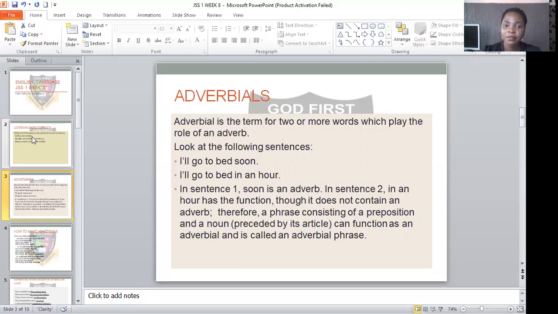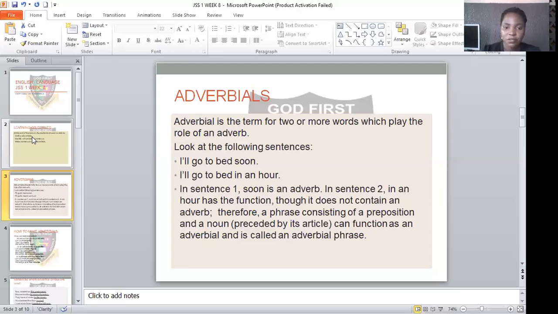An adverbial is a term for two or more words which play the role of an adverb. That means an adverbial could mean the same thing as an adverb, but its formation is different from that of an adverb.